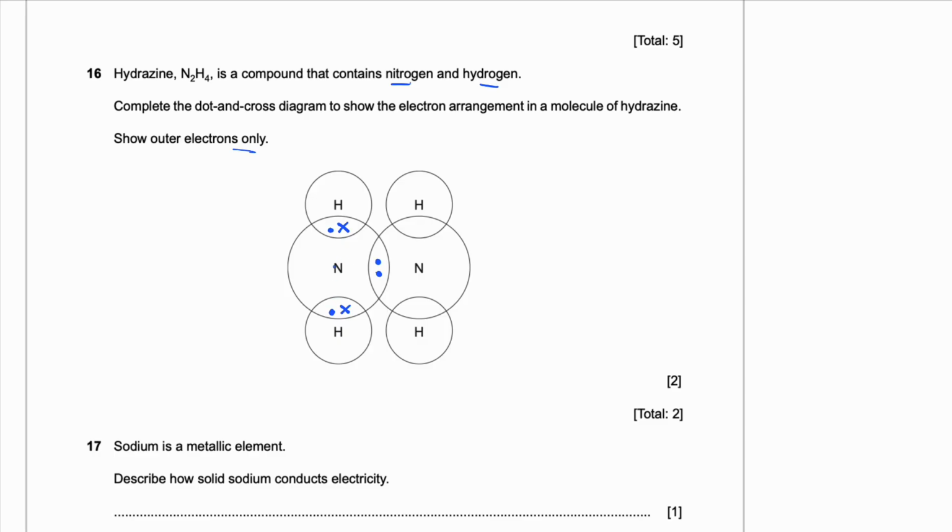Now, this nitrogen hasn't used 2 of its outer electrons, and remember, nitrogen is dot, that's why I'm going to leave here 2 dots that are not used in bonding. Now, overall, that nitrogen has 8 outer electrons. For the neighboring nitrogen, once again, it has 1 dot shared with 1 cross from hydrogen, and 1 dot from nitrogen with 1 cross from hydrogen, and 2 remaining dots that are not used in bonding. Overall, once again, we have 8 outer electrons.